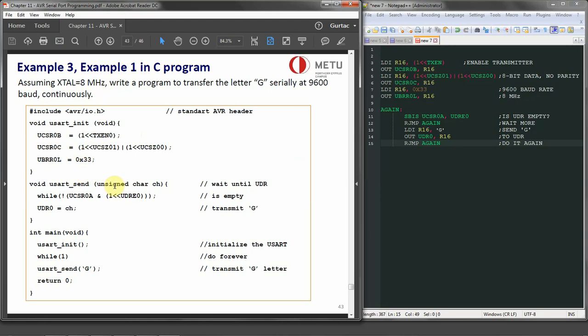Then monitor or poll for UDR, wait until it's empty. So if UDR is empty, then transmit the character. And in main, you can just initialize the USART, then you can just use the subroutine USART send character G, and that's it. We can just call these two subroutines and we can perform the function over there.